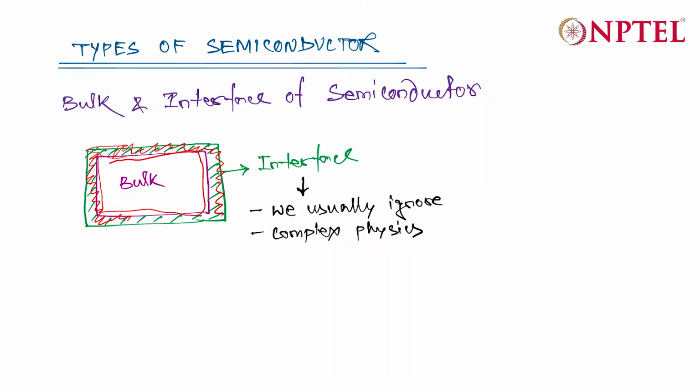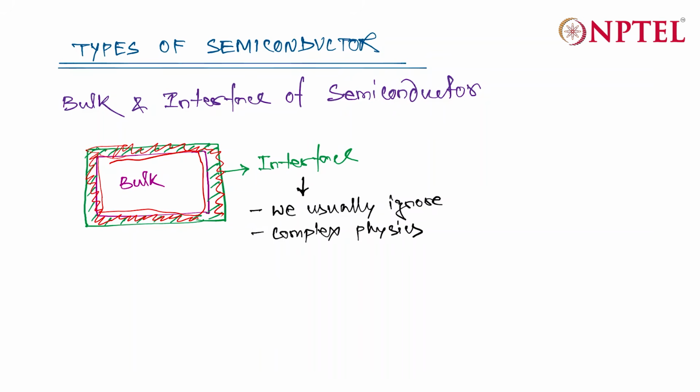The problem with interfaces is that the atomic arrangements are not as regular as in the bulk, so you may find a few defects and different irregularities across the entire interface.